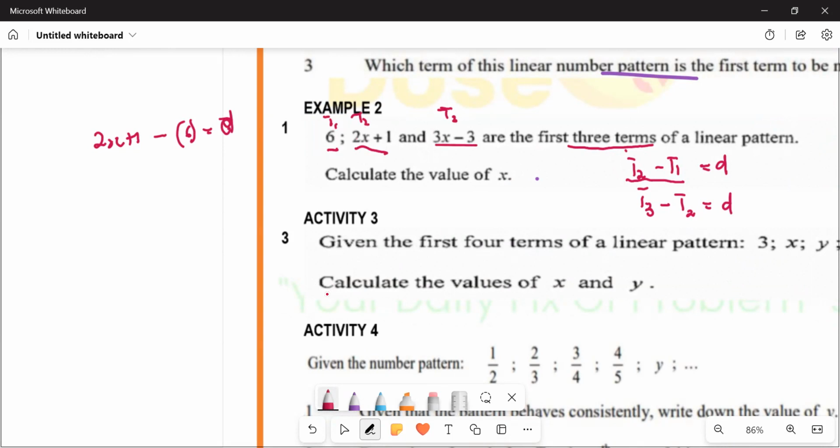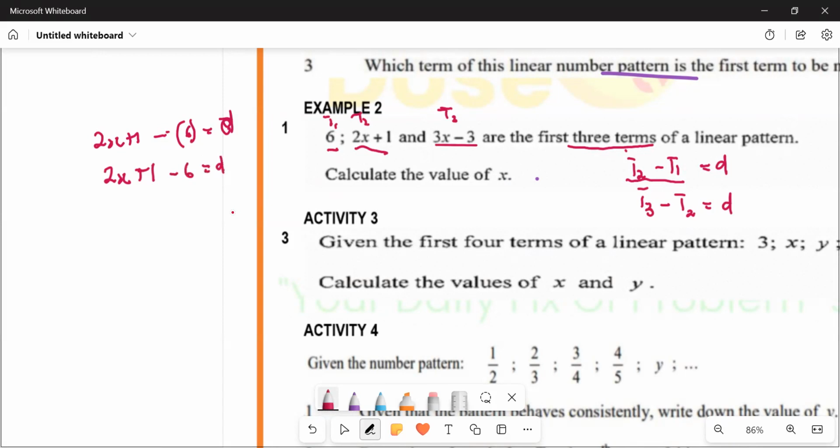If I simplify this, let me check if I have any like terms. I have 2x, and then plus 1, negative multiplied by positive, I'm going to get minus 6, which is equal to D. This is the common difference.